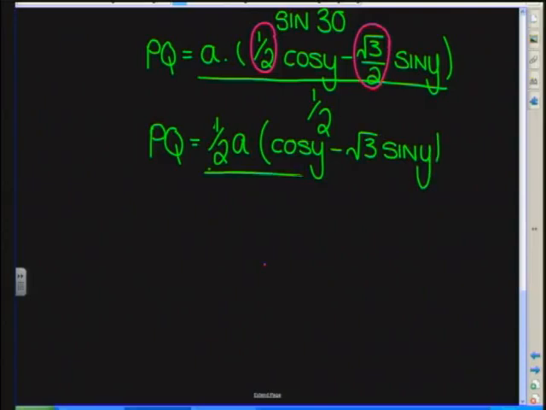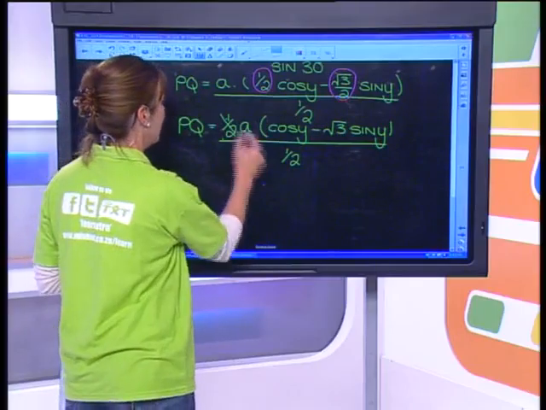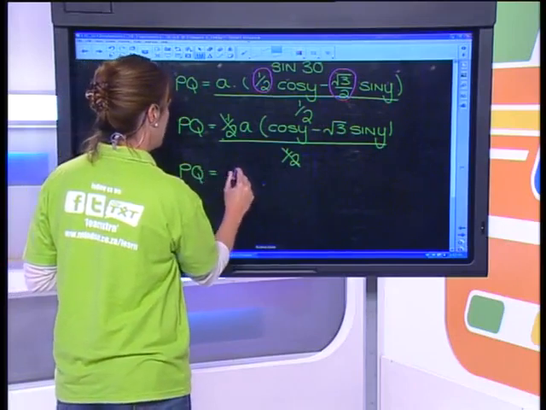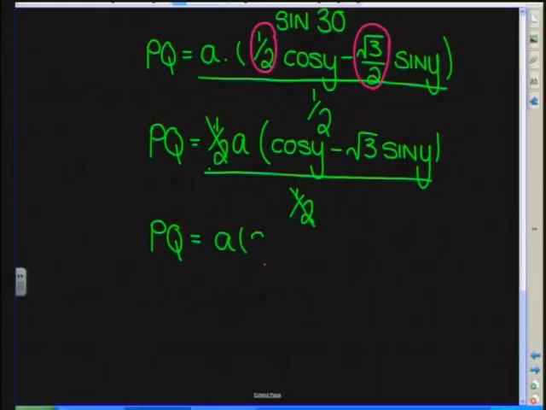And this is all over a half. Okay, so I hope you guys are with me and you're following. And those cancel. So the distance from P to Q that we are now sitting with is an A multiplied by cos y minus root 3 sine y.